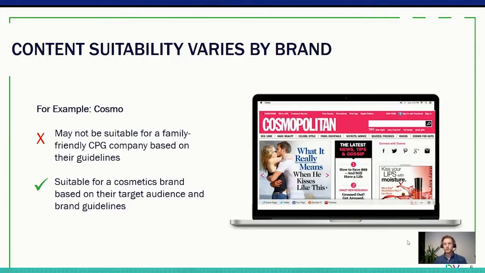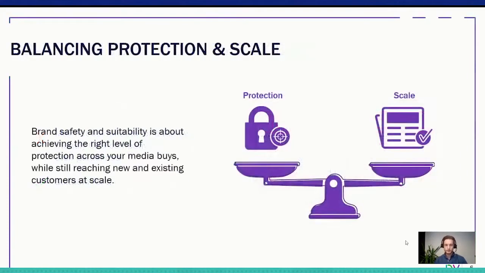But for others, perhaps family or kid-friendly brands, they may not want their brand associated with this type of content. So it really does depend on the individual brand and even individual products within those brands as to their tolerances and where they really do want to appear. And that's where you can imagine the complexity comes into play.